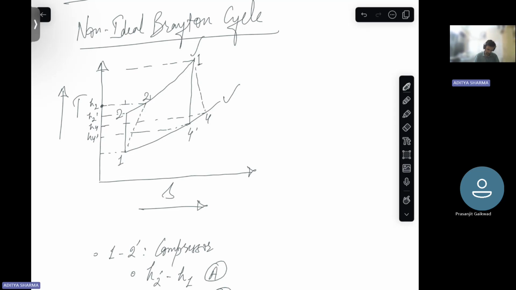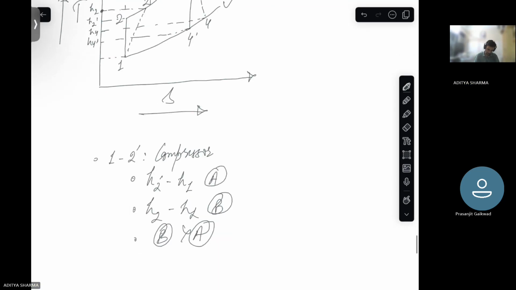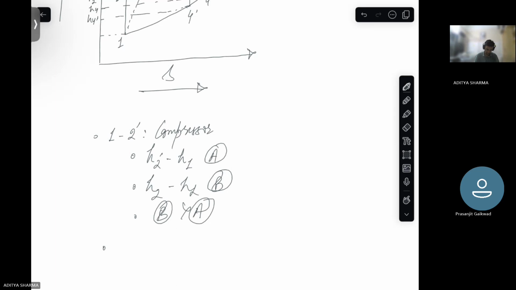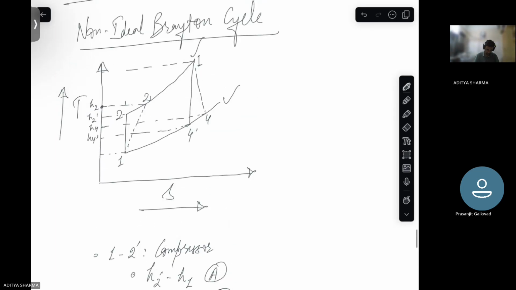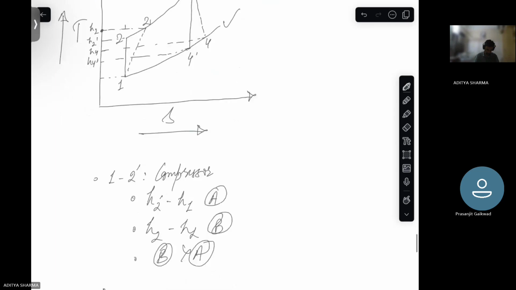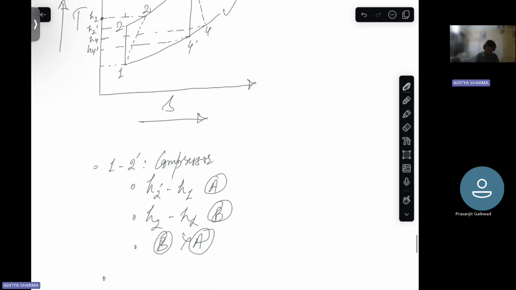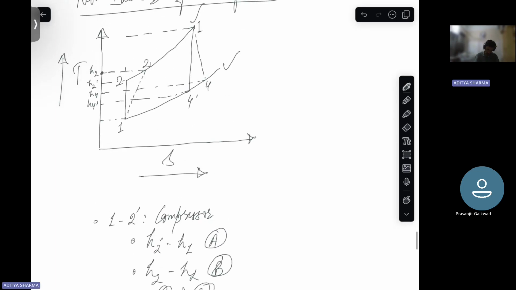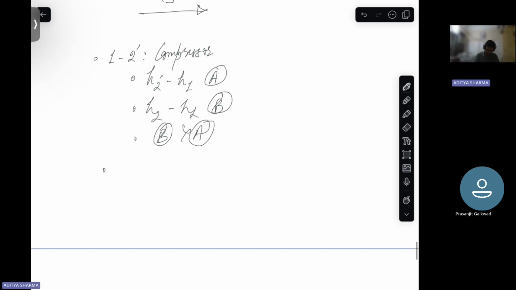Similarly, for this one, sorry, this should be 3, 3 to 4 dash or 4.